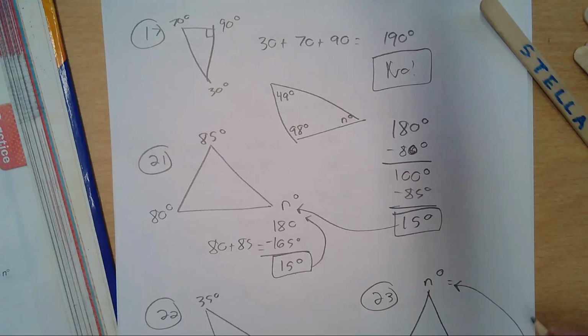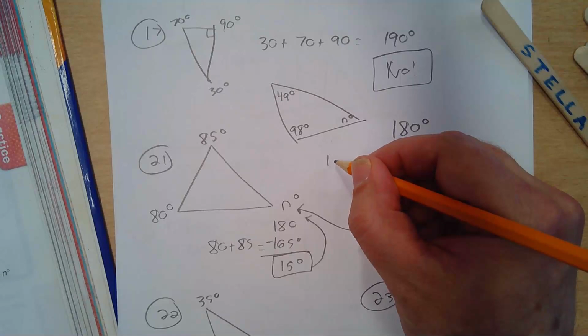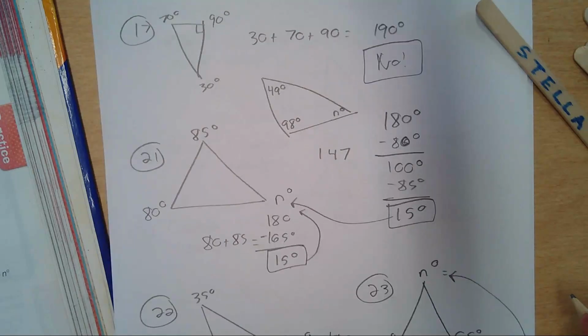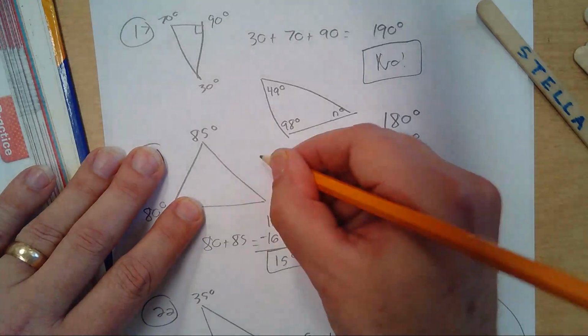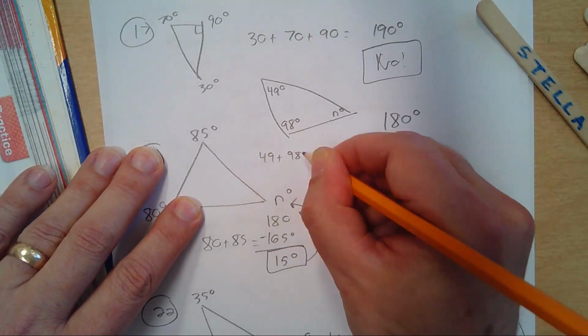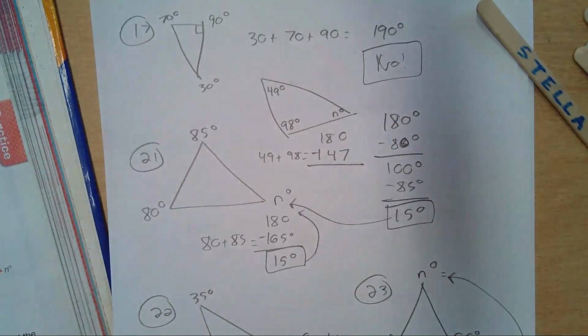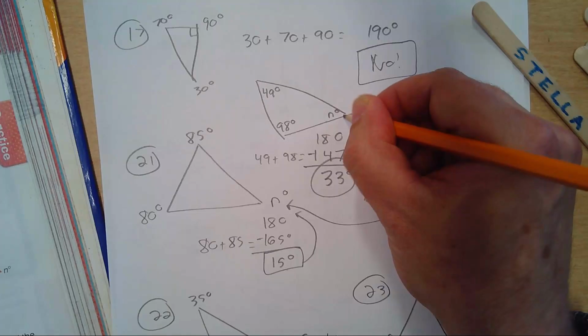Add 49 to 98, and then you get 147. And then 180 minus 147 is 33 degrees. There we go. So that's what that one has to be.